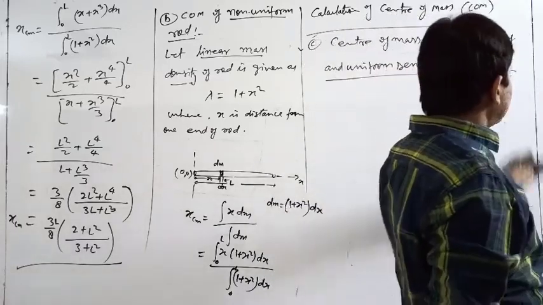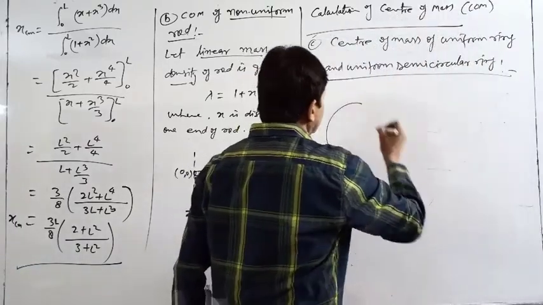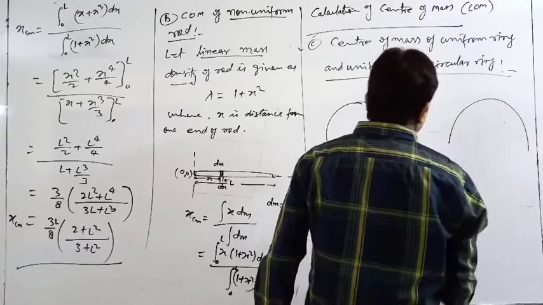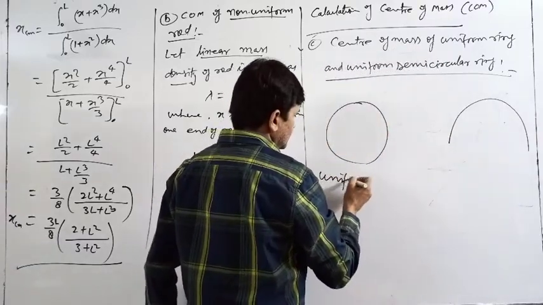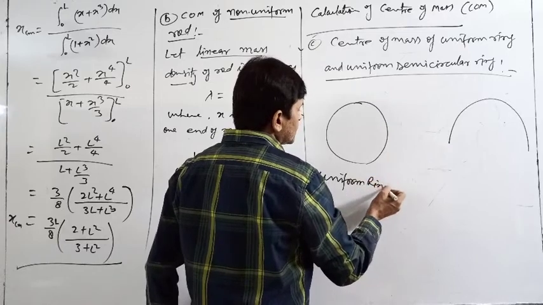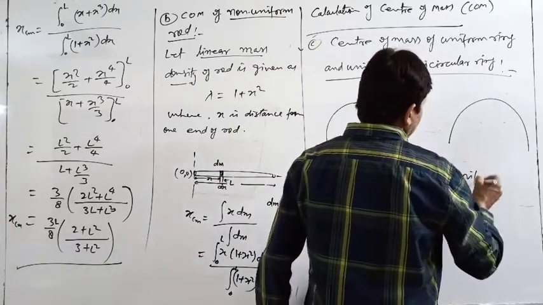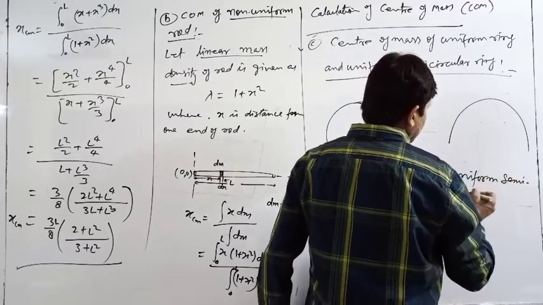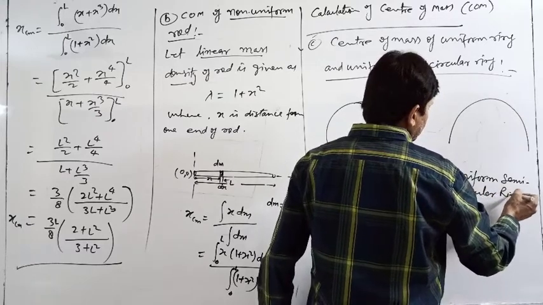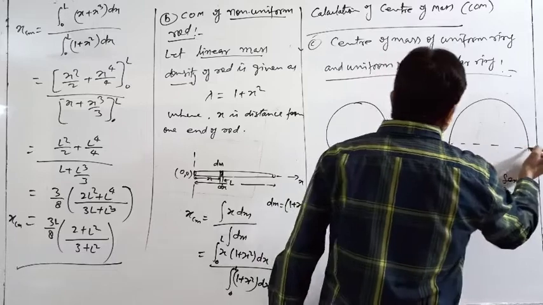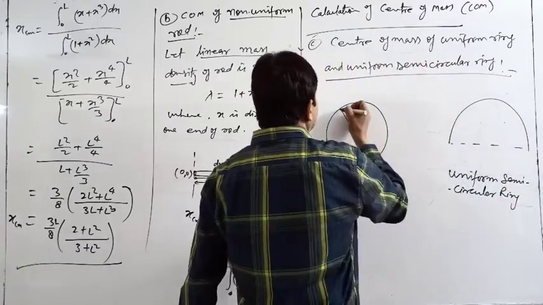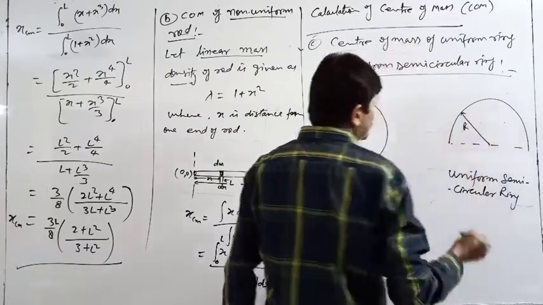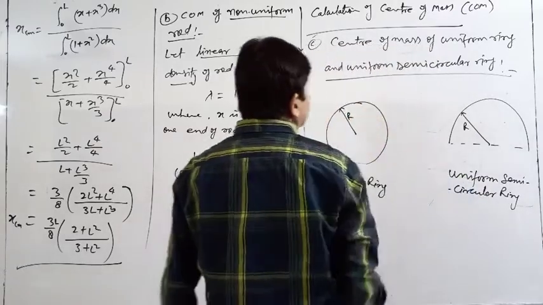Uniform means again uniform mass distribution here. This is your uniform ring. This is your semicircular ring. Uniform ring, uniform semicircular ring. And R is the radius. You can have radius R and mass M.